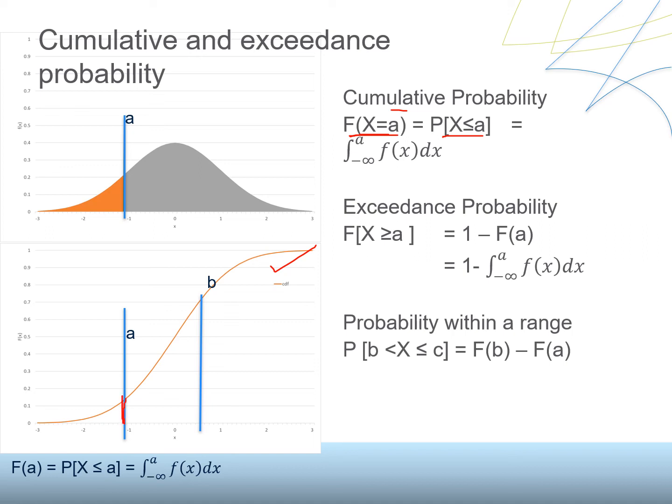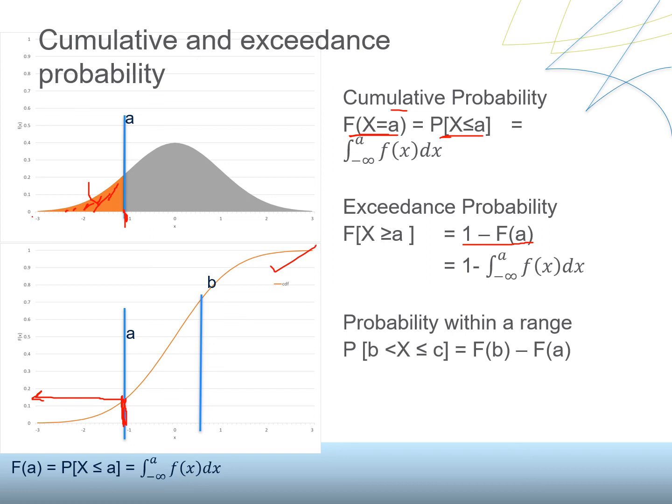If you read the cumulative probability curve, this value actually means the area under the density curve from minus infinity up to that point a. That is the cumulative probability. And exceedance probability is 1 minus F(a), okay? So that's how you calculate it if you use the cumulative probability.